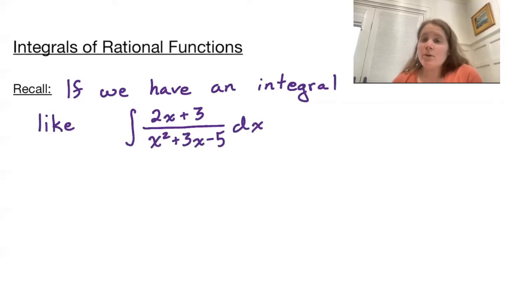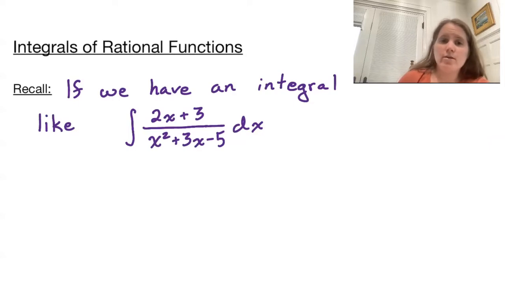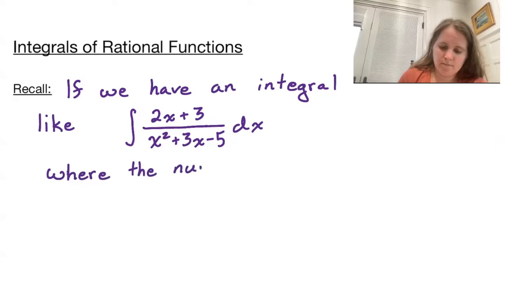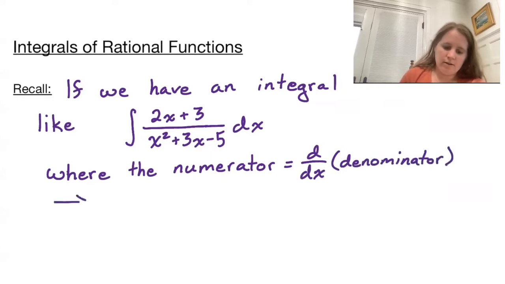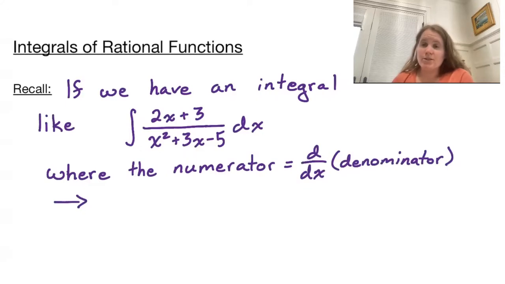This one is set up perfectly for u substitution. So that numerator is the derivative of the denominator. So where the numerator is equal to the derivative of the denominator, then the problem is essentially set up to do u substitution straight away.